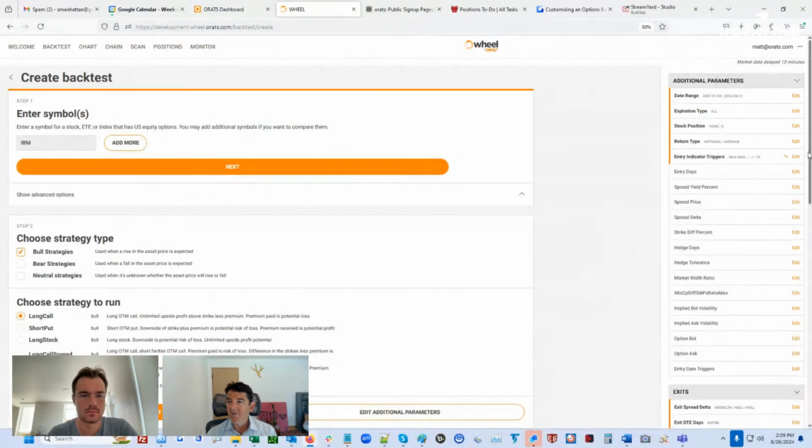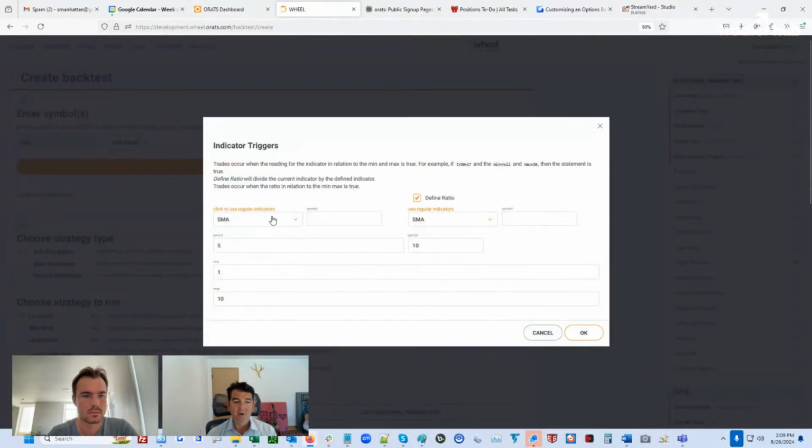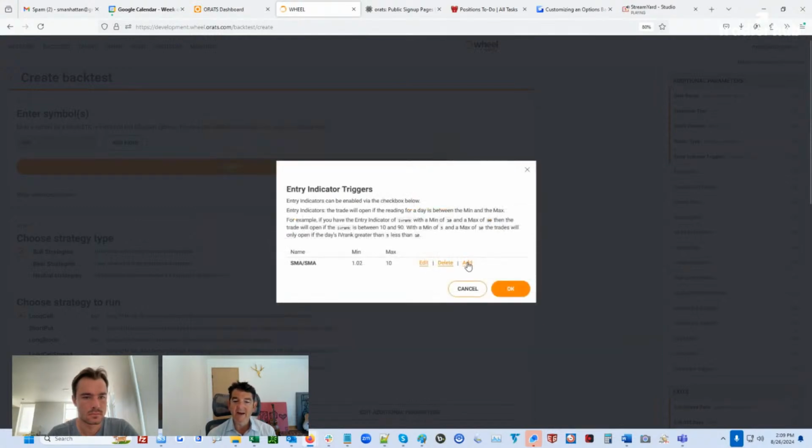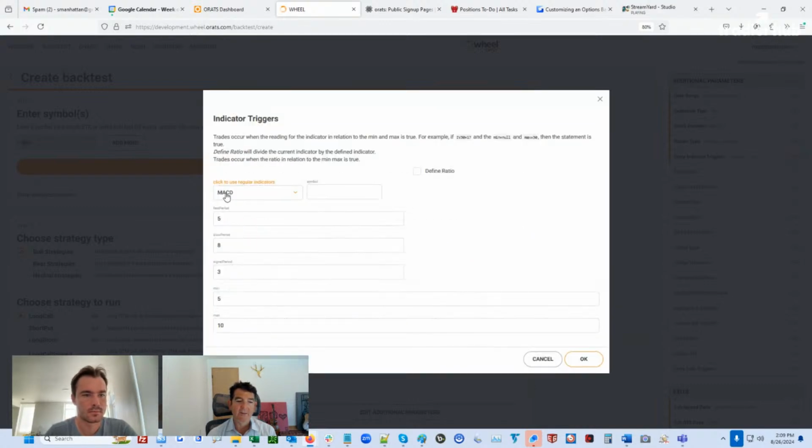If you go in and edit this, you could say, well, I want 1.02. And then I could add another indicator. So I could add an MACD with a fast period where that's above by 1.